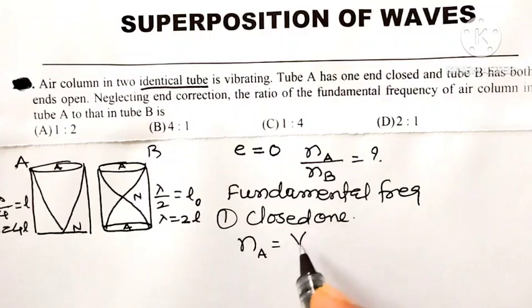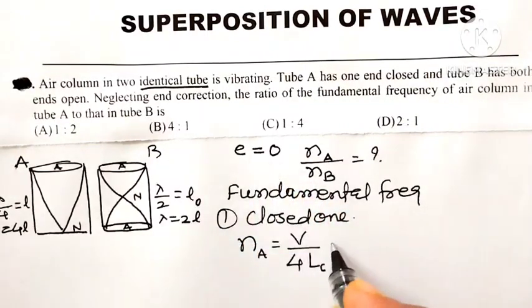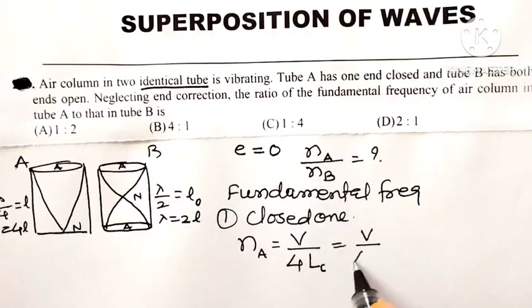It is V divided by 4 times the corrected length of that closed pipe. But here end correction is neglected, so we can write this as V divided by 4 into the vibrating length, say L.